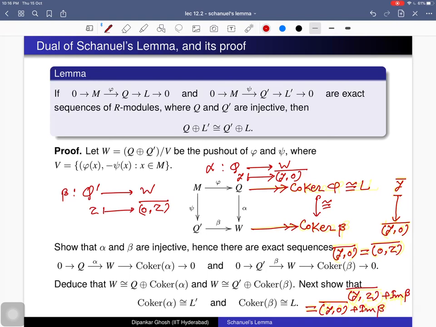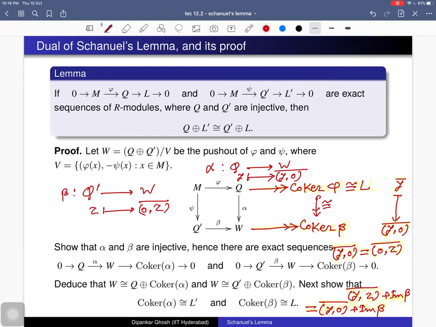Why? Because if we take 0 comma z bar out, 0 comma z bar is in the image of beta. Therefore this arbitrary element is just the same as the equivalence class of y comma 0, because 0 comma z is in the image of beta. So this map is also surjective.